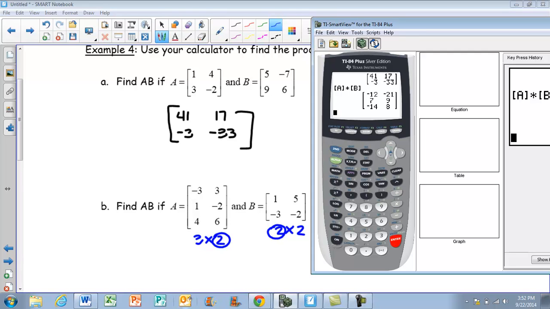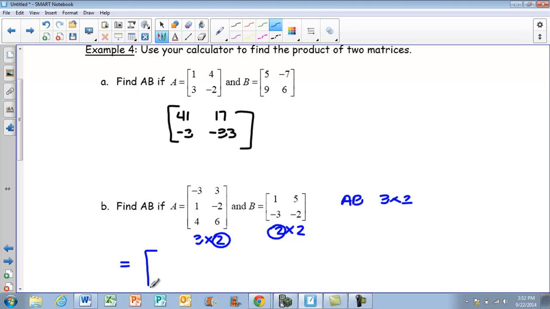Remember, we said we should have had a 3 by 2, so that's one good way to check. So my answer I have -12, -21, 7, and 9, -14, and 8. Alright, that's all I have for you guys today.